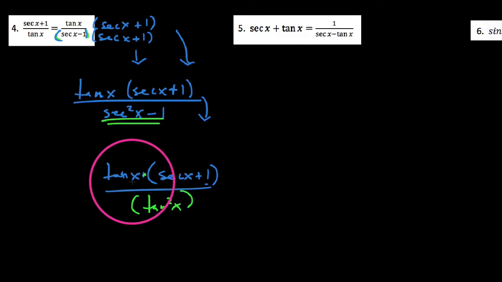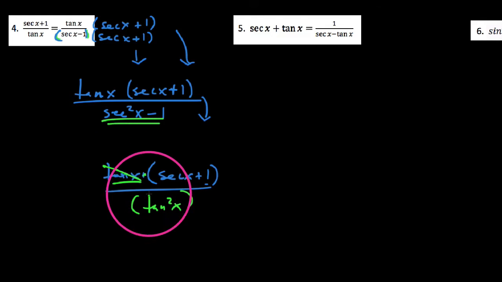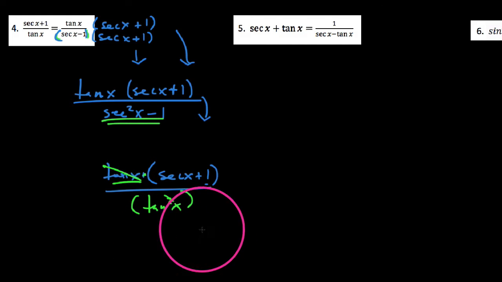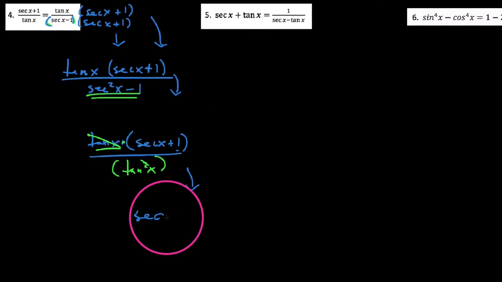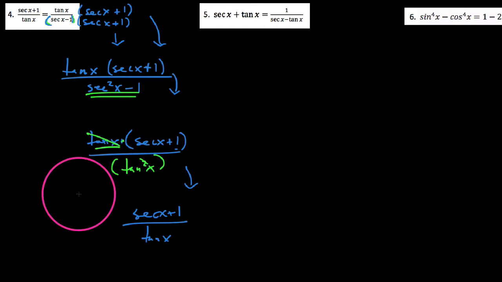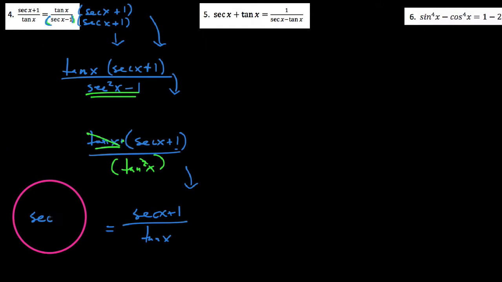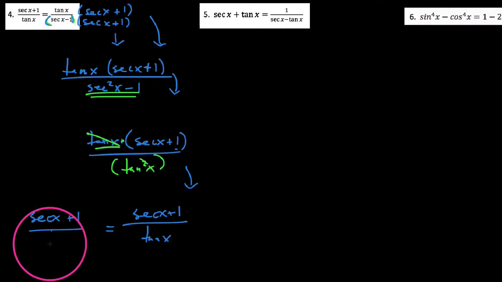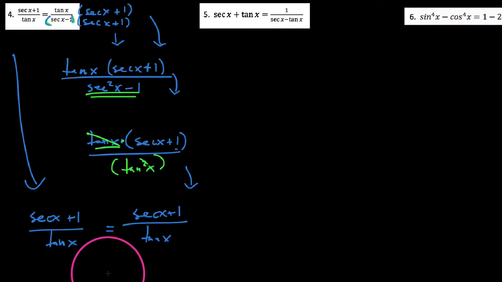And so we can cancel out this tan of x with one of these tans of x. And what follows then is we get left with secant x plus 1 over the tangent of x. And, of course, keeping in mind that that's what we're working toward, you could see that worked out really well just by multiplying by the conjugate. So I can't tell you enough how much multiplying by the conjugate is a very useful thing in given circumstances.